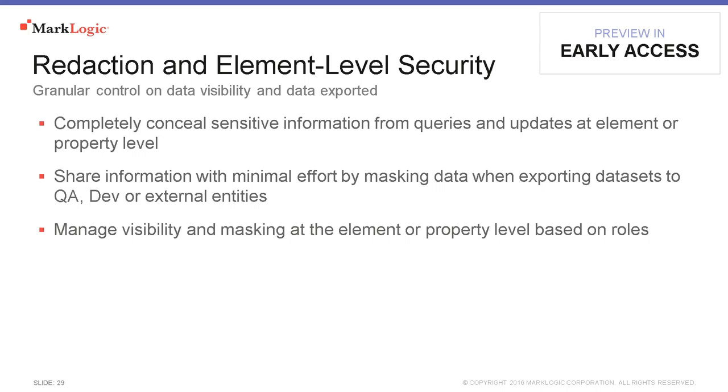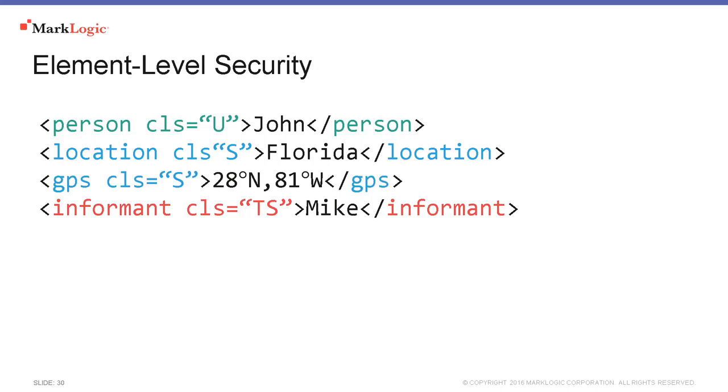Let me start with an example for us to understand element level security. I have here a document that has four pieces of information, and I have a classification: unclassified, secret, and top secret.